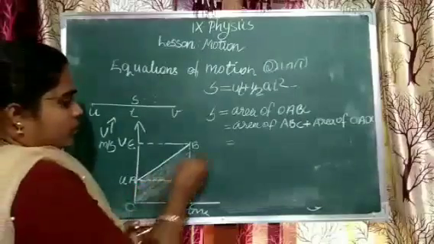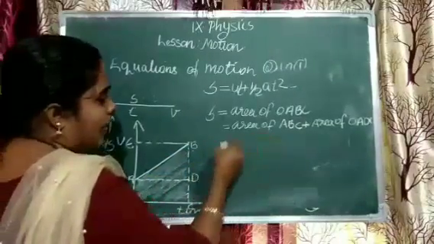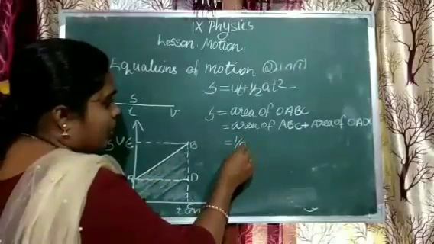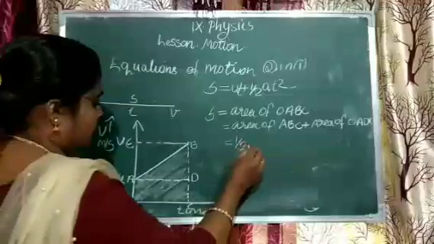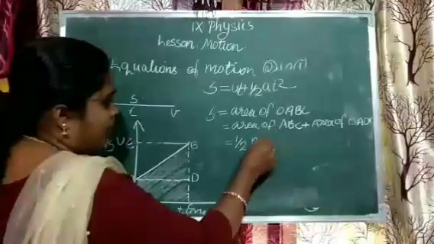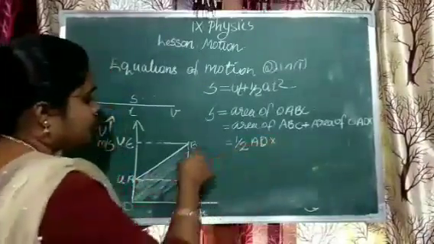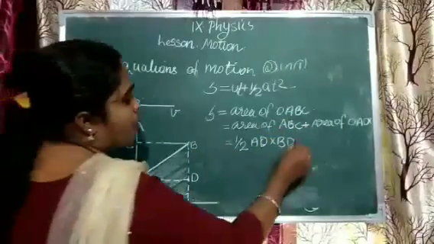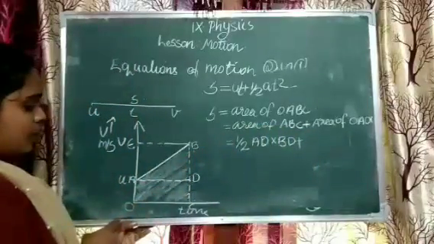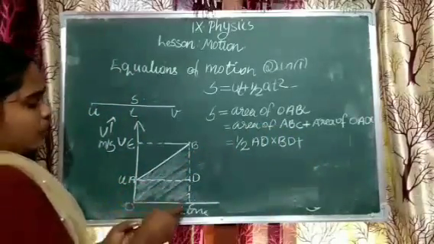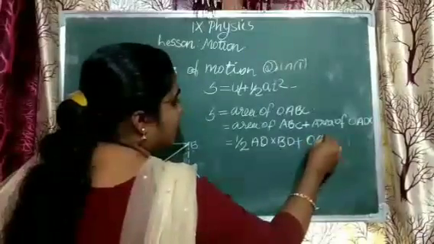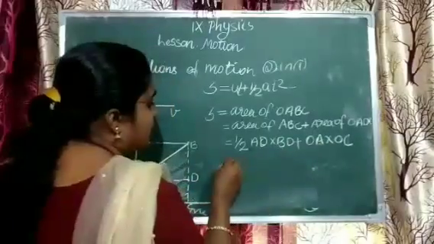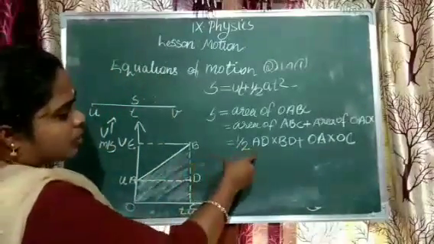So the area of ABC is half into AD into BD, plus OA into OC, length into breadth. Then substitute all these values here.